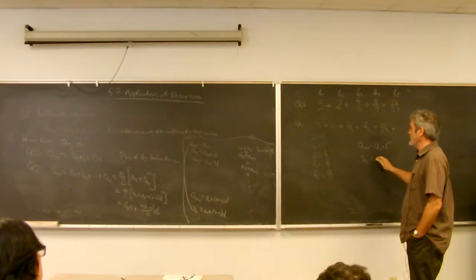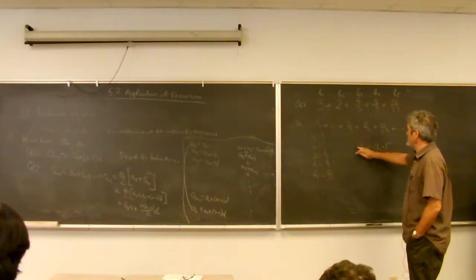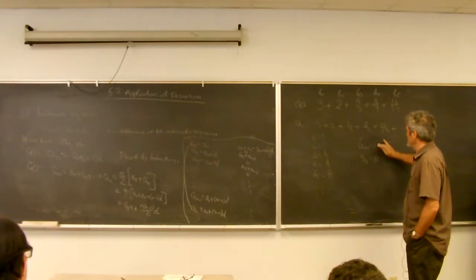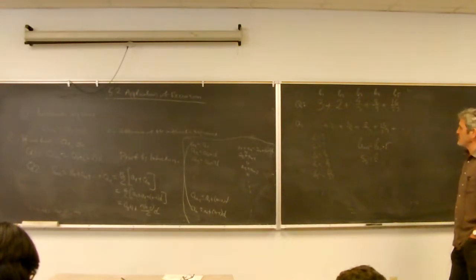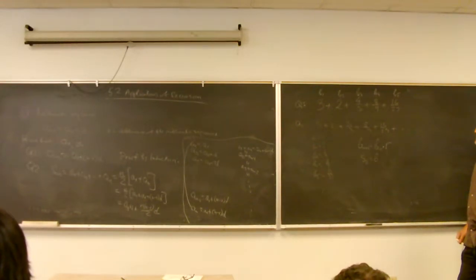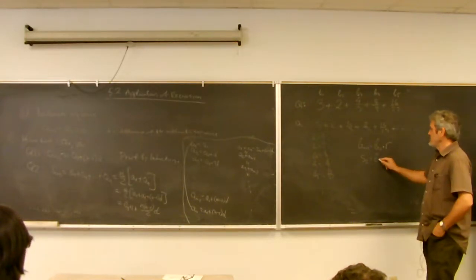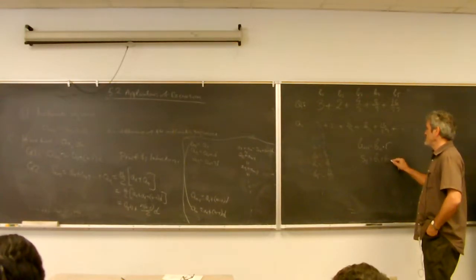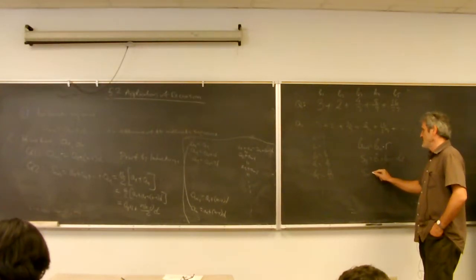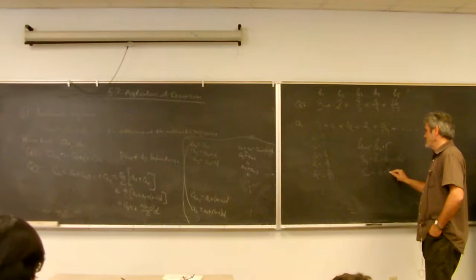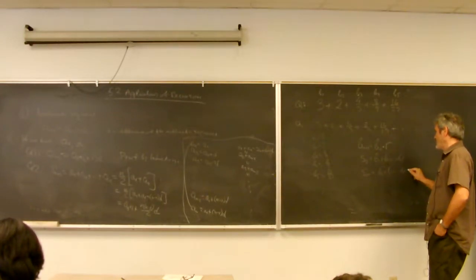So what is S5? First 5 members added up. Sorry, B's. Let's call them B's, not A's. Not essential, but psychologically, if it's B's, we know we are talking geometric. So S5 is B1 plus B2 up to B5. And this one is S infinity, which is B1 plus B2 plus B5 plus forever.